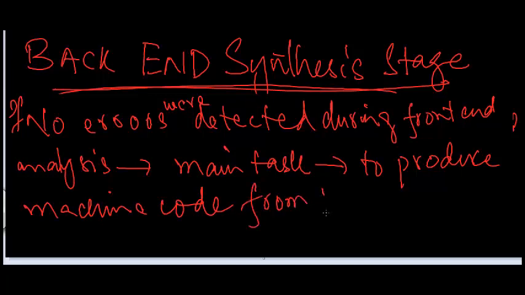So the intermediate code was the last thing that was generated during the front end analysis, right. So the machine code is now going to be generated from the intermediate code.